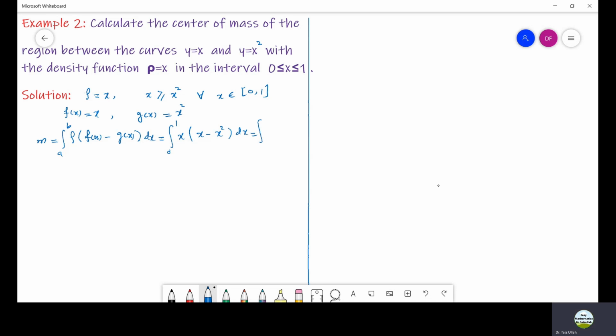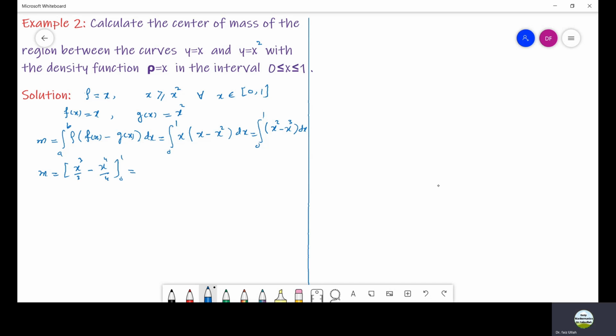If we simplify this, we get x square minus x cube into dx. Let us integrate this. So we have x cube divided by 3 minus x4 divided by 4.